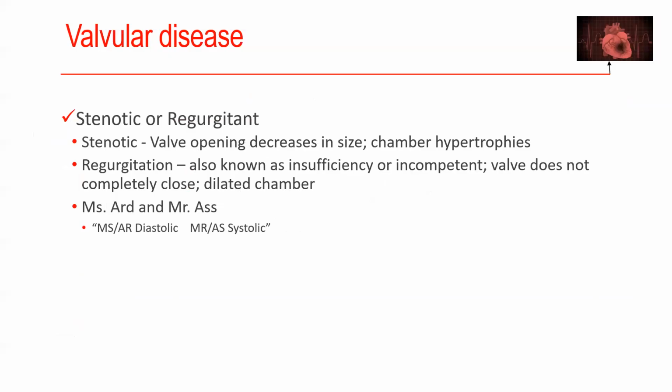So really important to remember: S1, the beginning of systole, AV valves closed. That means mitral and tricuspid closed, aortic and pulmonic open. Good? Okay. S2 is the beginning of diastole.